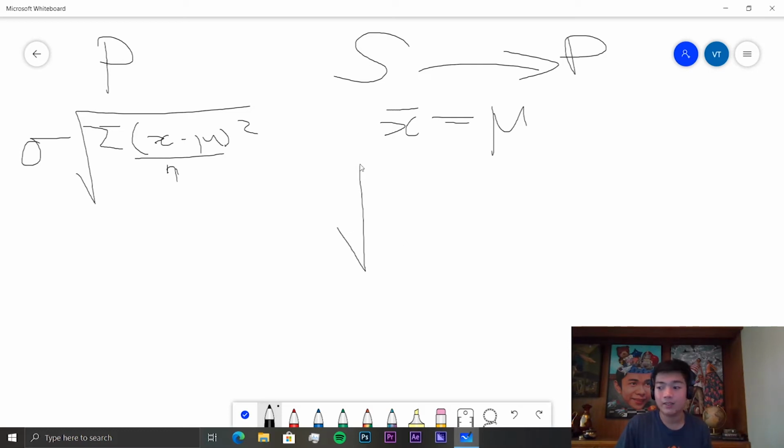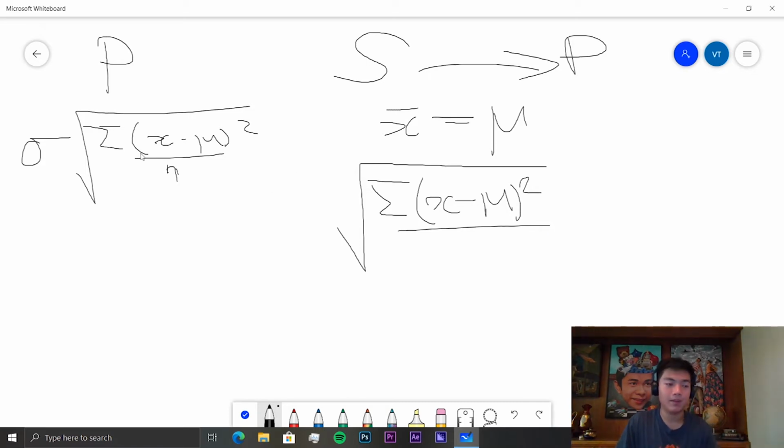It's calculated the same as the top, the sum of all the terms minus the mean squared, but instead of dividing by n, we divide by n minus 1. This is because the mean of the sample actually has a deviation from the mean of the total population.